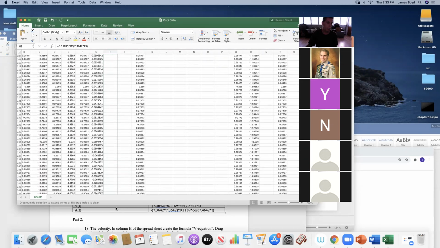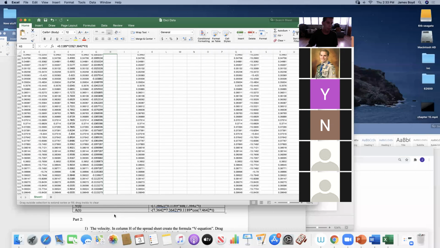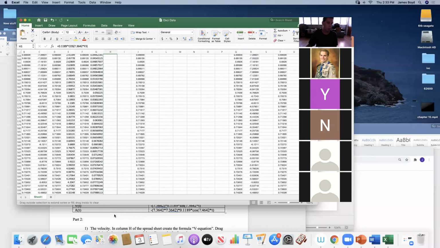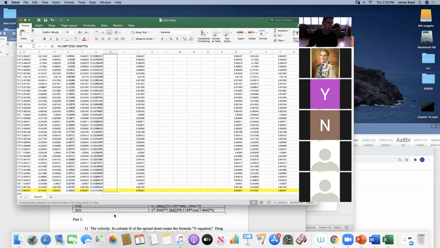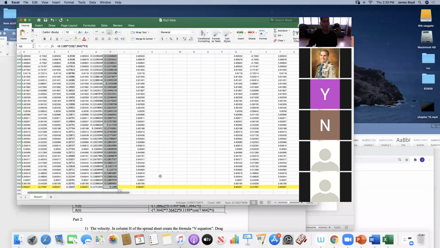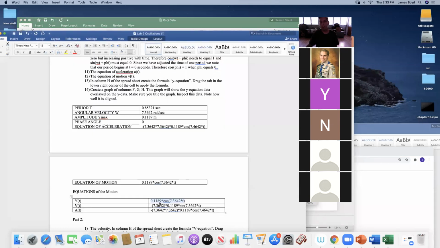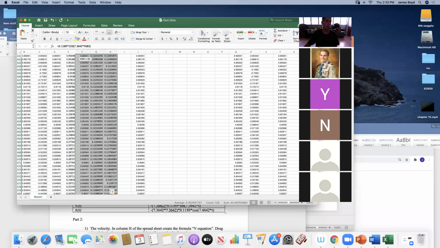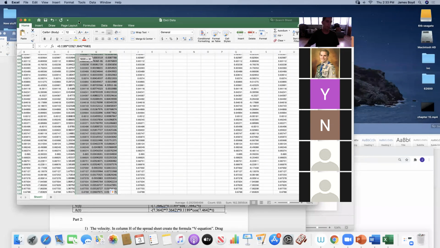And now there's something important that I need to show you before I do anything else. Whenever this finishes. Okay, so what we're going to do now is look at the actual data versus our theoretical equation of motion and compare the two. So take column F, G, and H, and all you have to do is highlight all three of them.